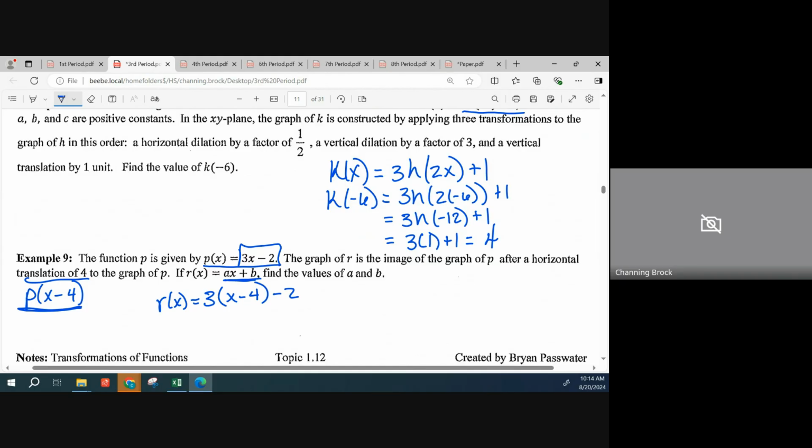Yeah, it wants me to simplify it, distribute it. So when I distribute that, I'm going to have 3x minus 14 for r of x. And so what we would see is this linear graph, if we graphed it, and then we graph this linear graph, it would be transformed to the right 4 units.